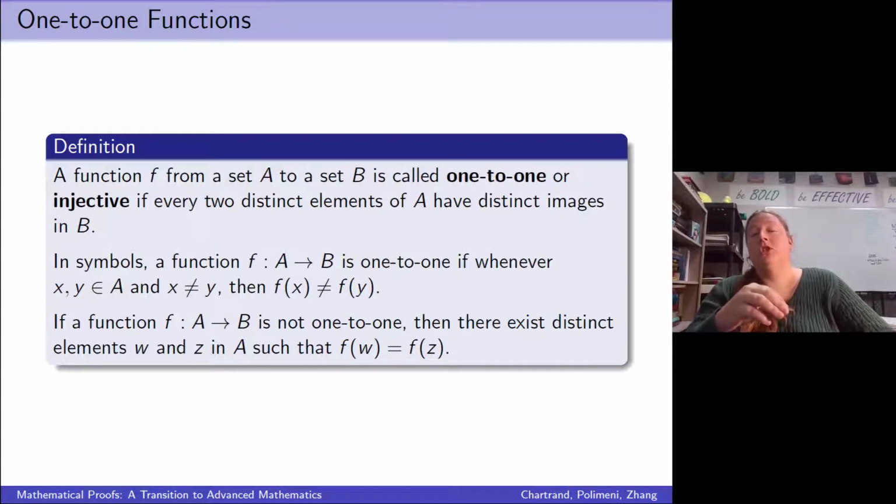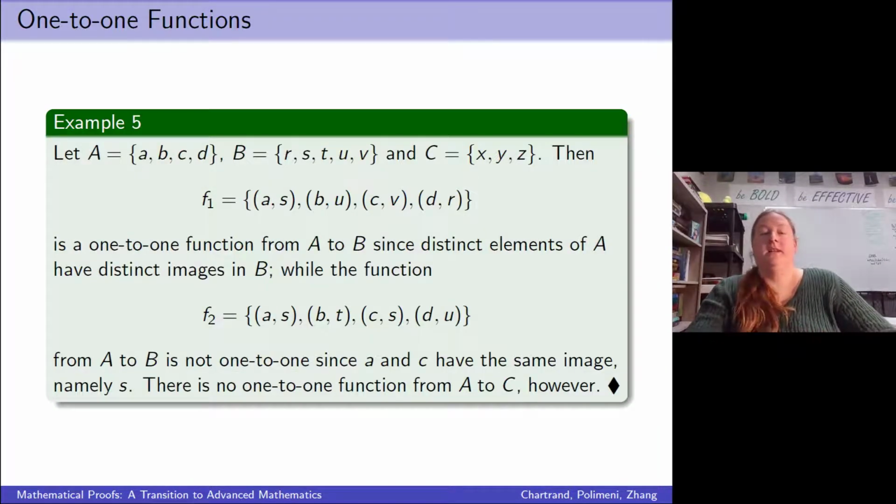That's what we're saying for some function from A to B. Now, if a function is not one-to-one, then there exist distinct elements, say w and z, in A, such that f of w equals f of z. Let's take a look at an example. We have sets A equal to a set having the elements a, b, c, d, B having the elements r, s, t, u, v, and C having the elements x, y, and z.